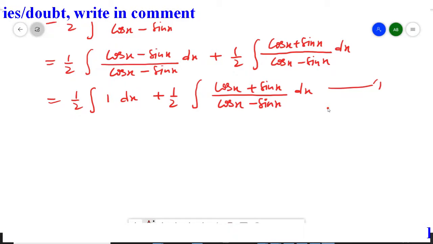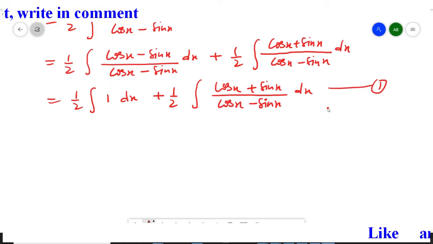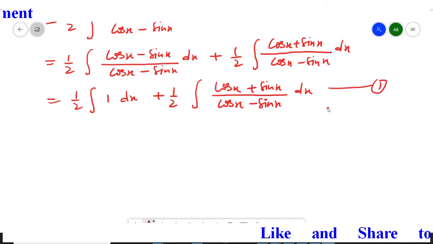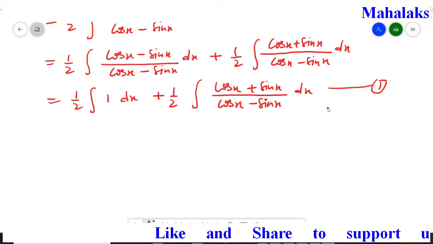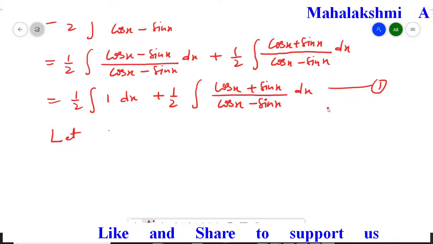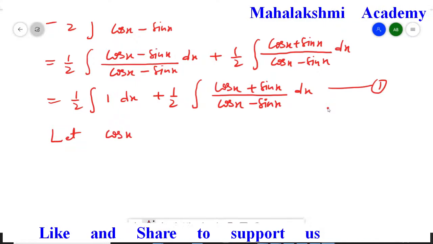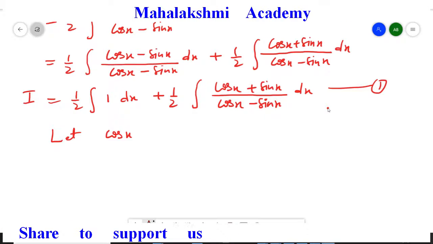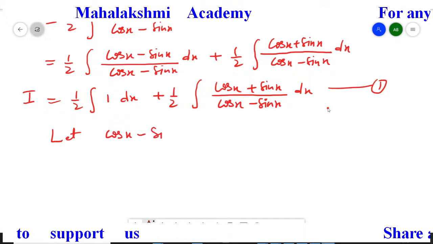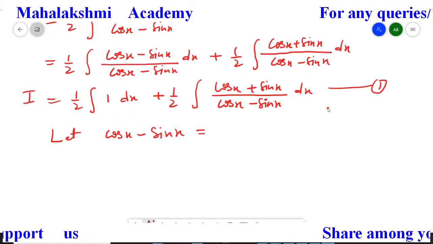I am going to assume this as equation 1, and because I am going to integrate it by substitution method, this denominator I am going to assume as t. So I will write here, let cos x minus sin x as t.